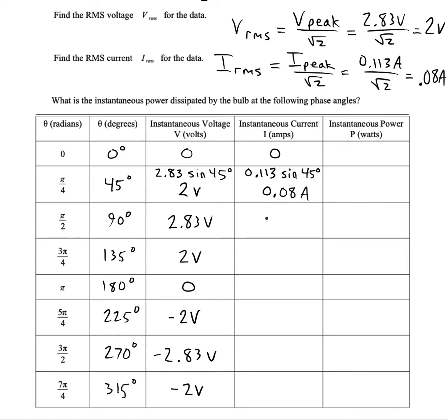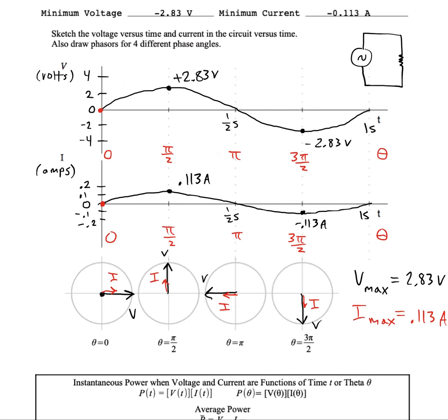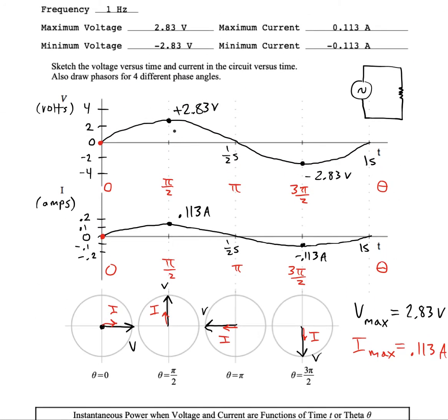Let's see, then we'll have 0.113, 0.080, negative 0.08, and you can see the pattern here. All we're doing is we're getting values that are on these graphs.